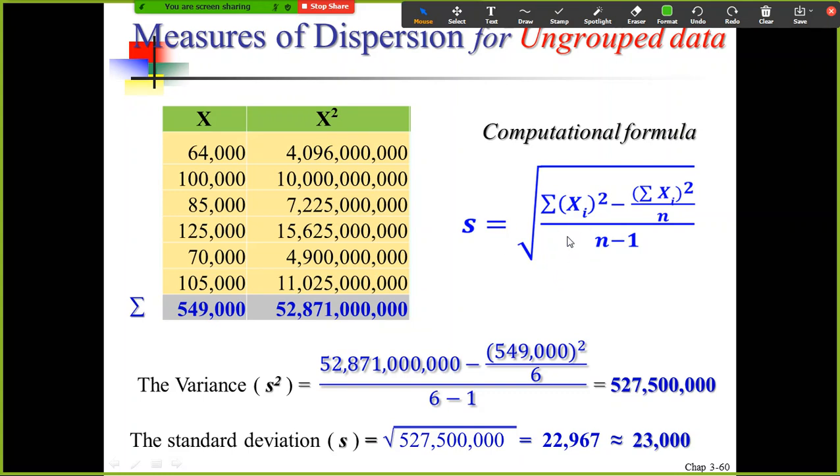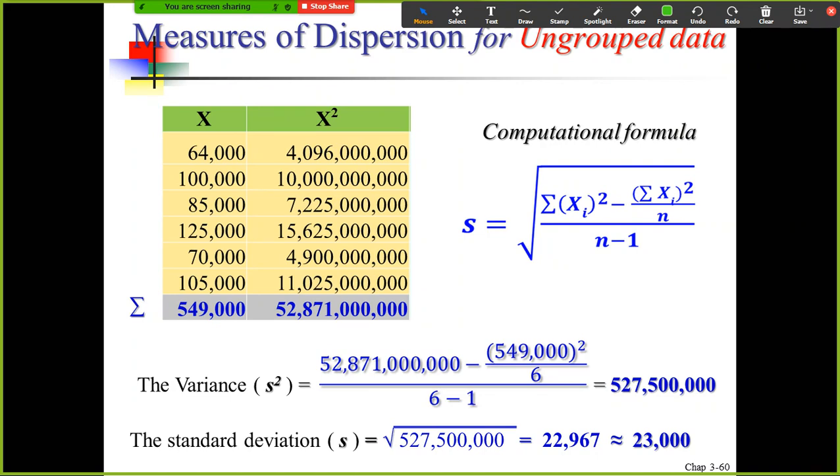So in practice, in a quiz or exam, you need to use only one formula in order to calculate the sample variance or sample standard deviation.